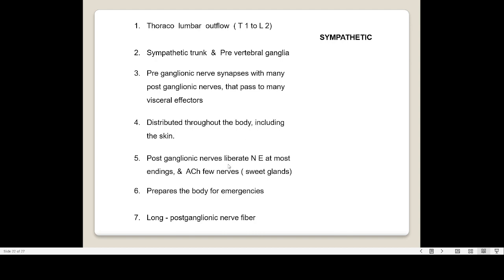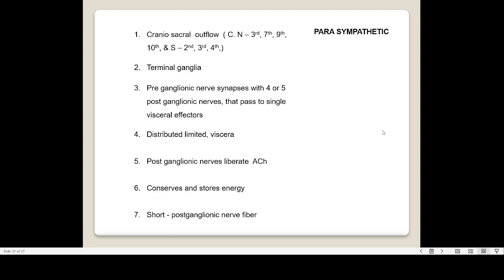The postganglionic fibers liberate norepinephrine at most endings, and ACH only at a few, such as sweat glands. It prepares the body for emergency, and has long postganglionic nerve fibers. These are the features of the sympathetic system.